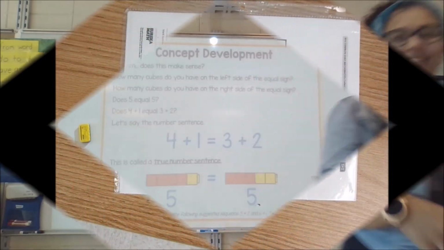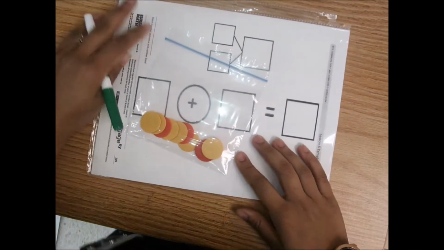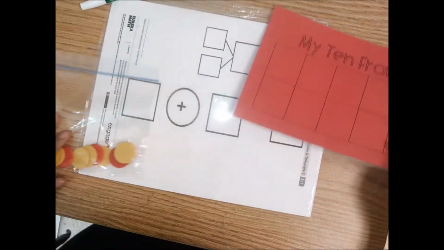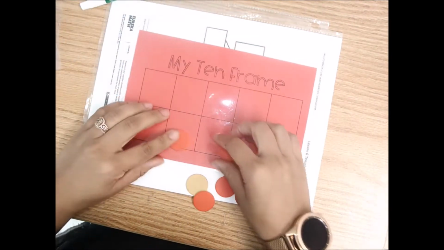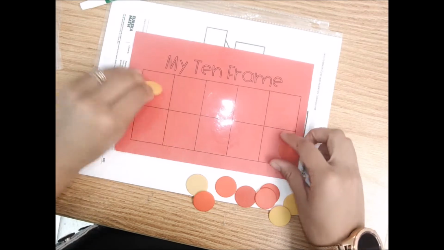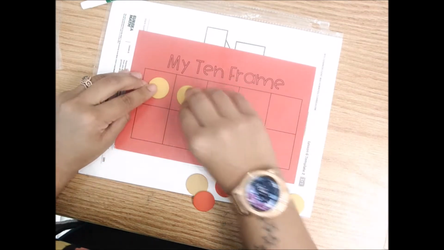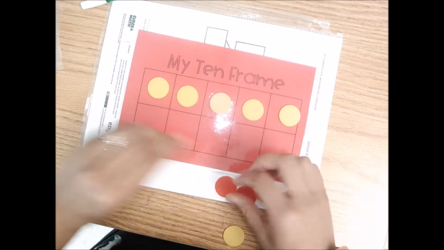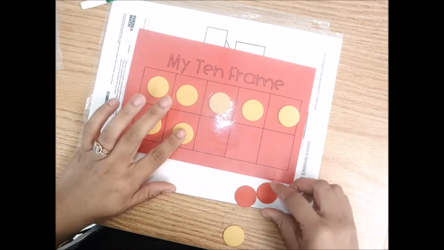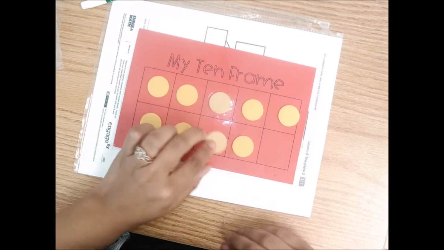Okay guys, so let me show you what I mean when I say that we're using the equal sign to represent balance. So let's start with our 10 frame and our counters. I want you to place your counters on your 10 frame, yellow side up. Put all of them on yellow side up. Okay.